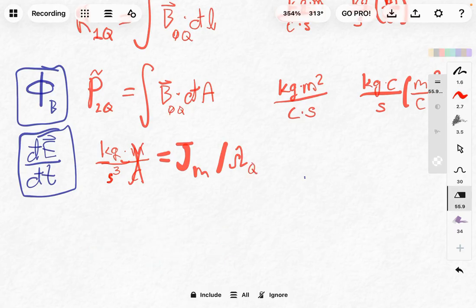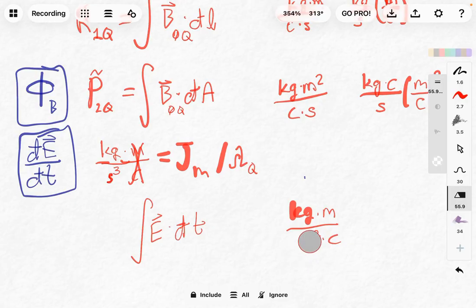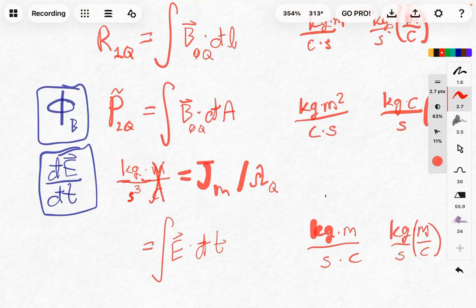I will go ahead and talk about the integral of the electric field by time. I have started to notice its importance. We get kilograms per second squared times meters per coulomb. So kilograms times meters per second is resistance. Okay.